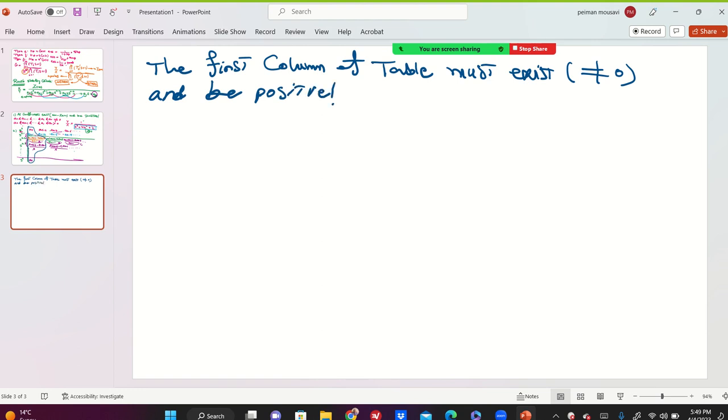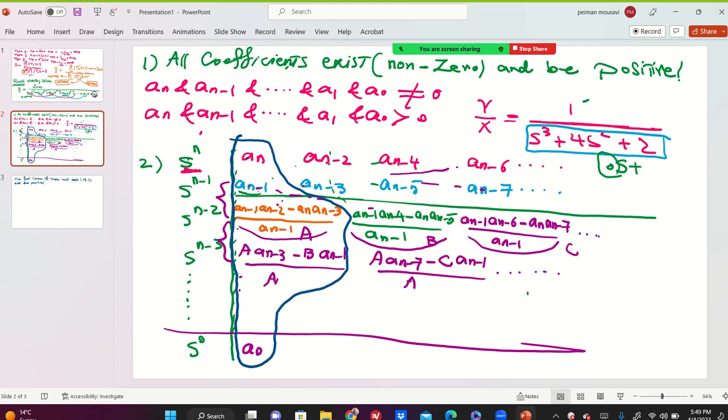Here we go. All of them must exist, and all of them must be positive numbers. This is called the Routh stability criteria to judge the stability of a given system.